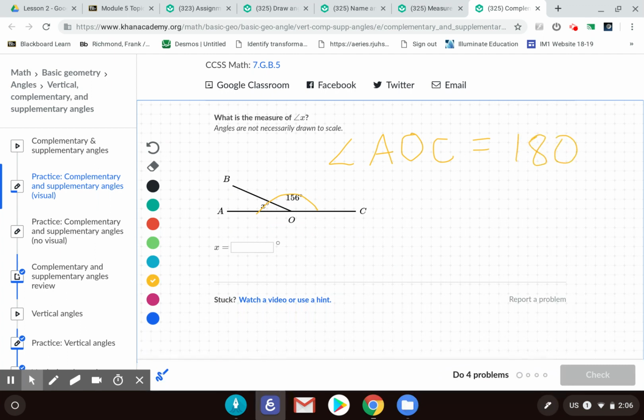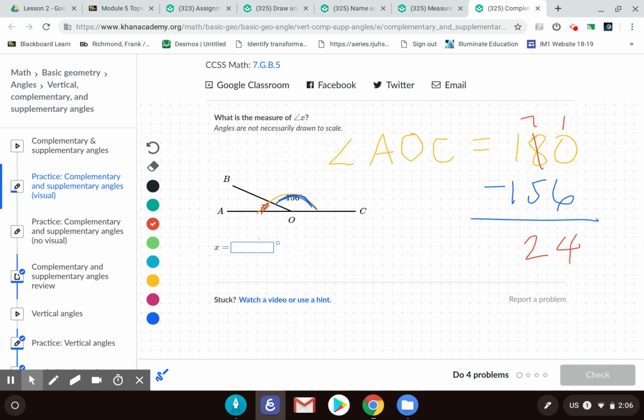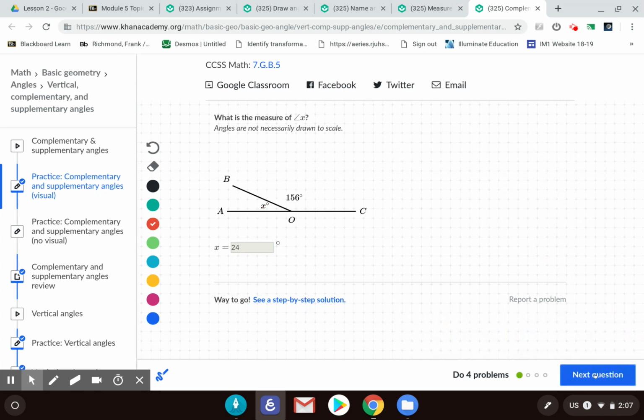So what that would tell me is that I could subtract 156 from 180, and I'll end up with what's left over, which would be this little segment right here. So if I subtracted, I'll get that this little angle here is 24 degrees. And the reason I knew that is because I know supplementary angles.